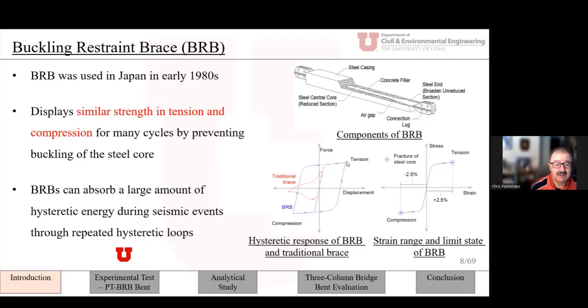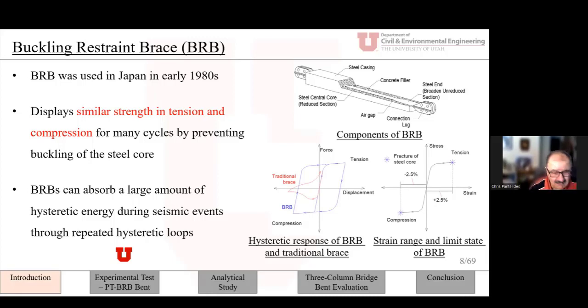Whereas if we had a typical brace, let's say just a steel HSS tube without any concrete, probably after compression, it would buckle like this. So the energy dissipated would diminish very quickly, as opposed to the buckling restraint brace, which actually can go on for many, many cycles.